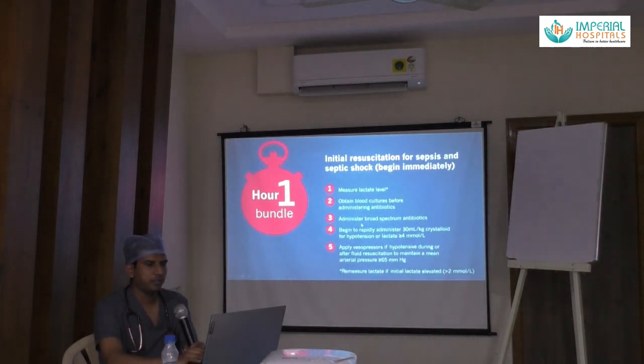So all these 5 things should be done simultaneously: measure the lactate level, obtain blood cultures before administering antibiotics, administer broad spectrum antibiotics, begin to rapidly administer 30 ml per kg crystalloid for hypotension or lactate greater than 4 millimole per liter. Apply vasopressor if hypotension during or after fluid resuscitation to maintain a mean arterial pressure of greater than 65 mm of Hg.